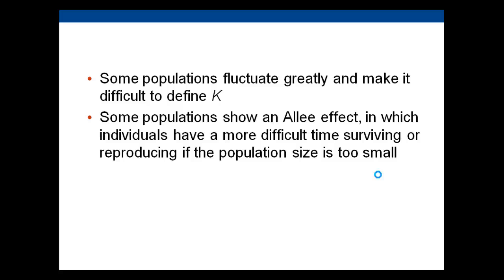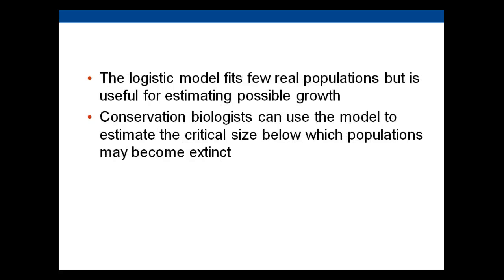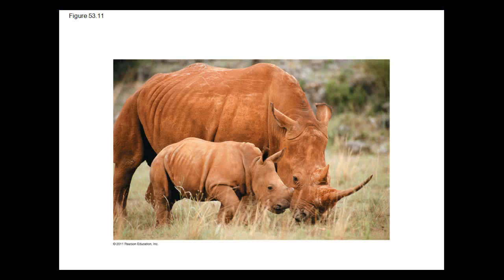Sometimes they show an Allee effect, having a more difficult time surviving or reproducing if the population is too small, which is interesting. Remember, though, if you have a small population, you may have fewer people to mate with, depending on your mating style. I like this model, and we talked about carrying capacity a lot in college because you have to think about the interactions of the environment, the abiotic and biotic factors that keep a population within the size.